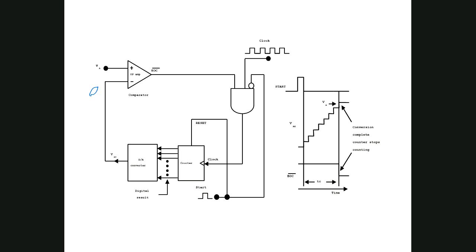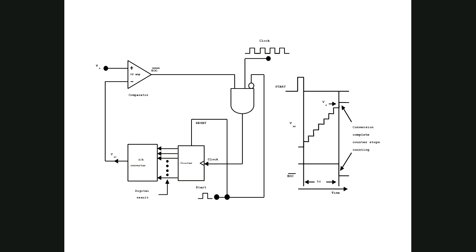So this is 1, but since the start pulse goes from 0 to 1, this one comes here and resets the counter, and this input gets 0. We know that for an AND gate, if any input is 0, the output will always be 0.